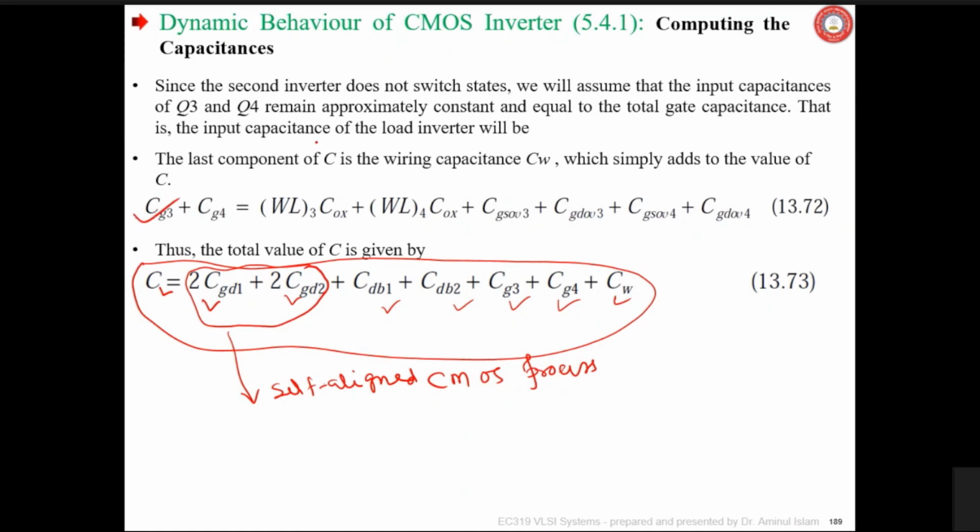The last component of C is the wire capacitance that we have seen. This total value of C is given by this expression.